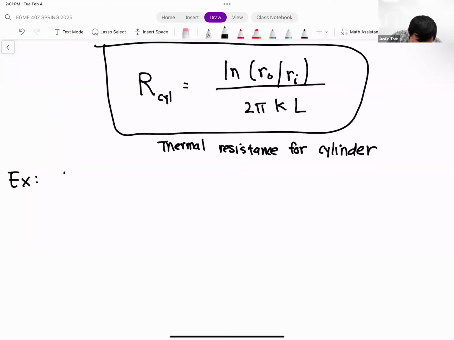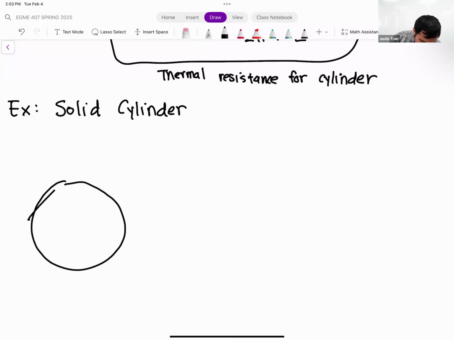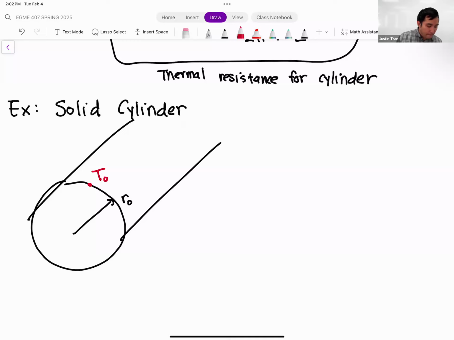So let's look at a case. The last case that we did was a hollow cylinder, so we had an inner radius and an outer radius. Let's see what happens when we actually have a solid cylinder. A solid cylinder means that it's solid material all throughout. So the solid cylinder only has one radius, and we'll call that RO, and we'll say that we know the temperature out here, TO, as well.